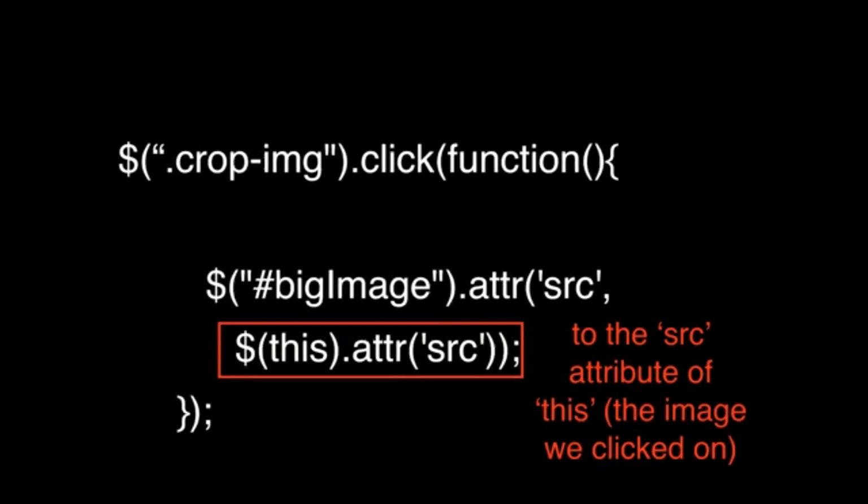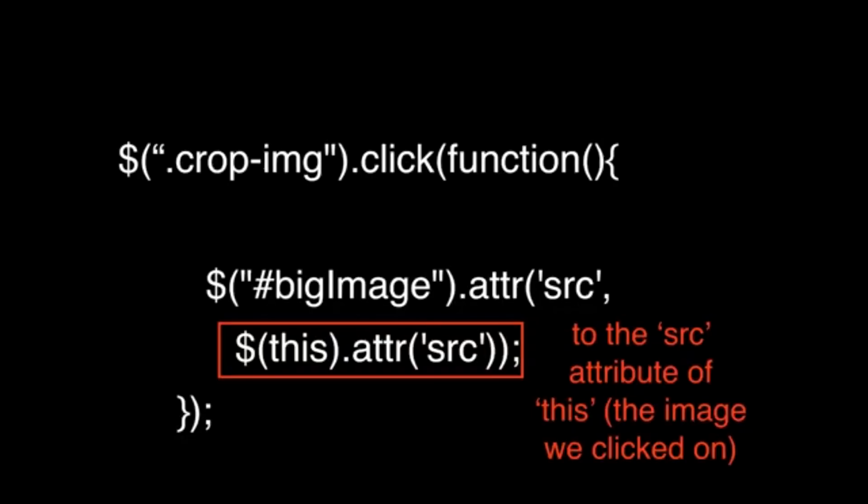So in the context we're looking at here, we're clicking on one of the images, and this will be that particular image tag that we've just clicked on. So we can see here that we pass that into jQuery to turn into a jQuery object, and then call attr source on it. We're getting the source attribute of the image we've clicked on. That is the actual file that's attached to the image we've clicked on.